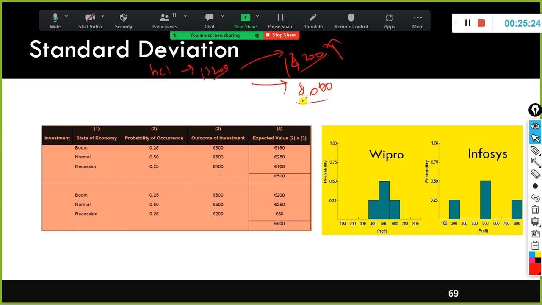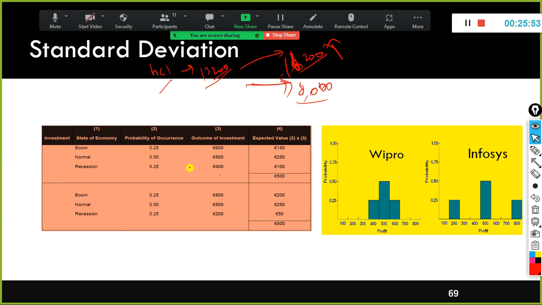Almost 50%, so you are going to lose 50%. You invested 13,200, and next month, let's say for your daughter's marriage, the price goes up, it is fine, you are at let's say 16,200. The return is high, but the risk is also very high in the case of the HCL stock price.